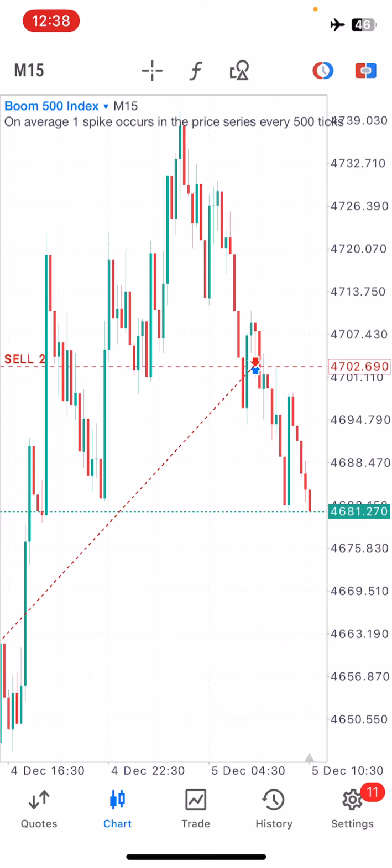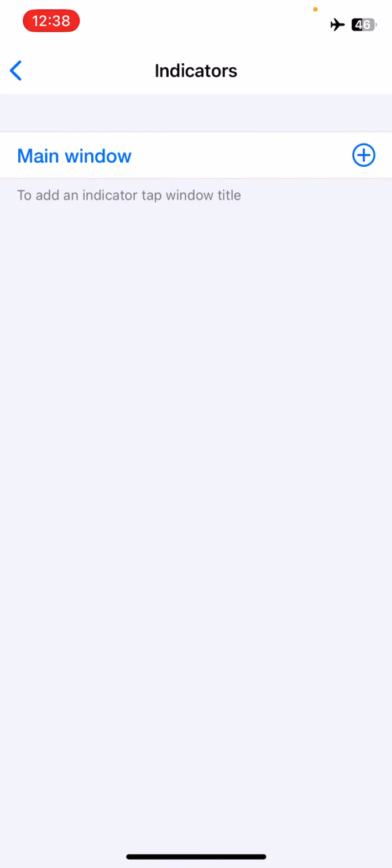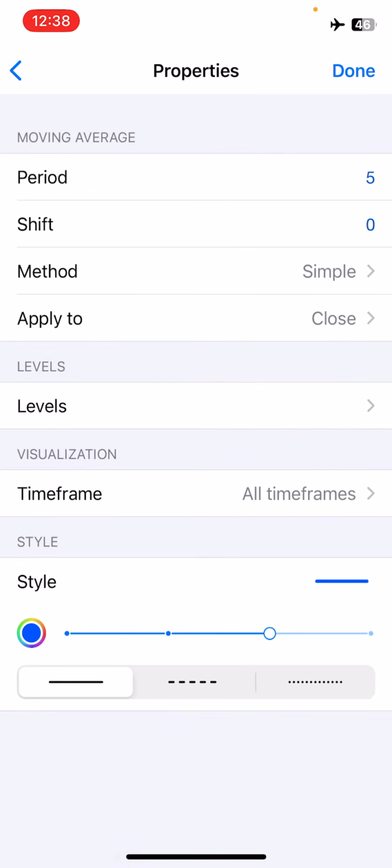Okay, so the first indicator that we want to install is going to be a moving average. So I'm going to go to my indicator section, click on main window, click on moving average, and the first moving average is going to have the following properties. We're going to have a period of 5, a shift of 0, a method of simple, apply to close.